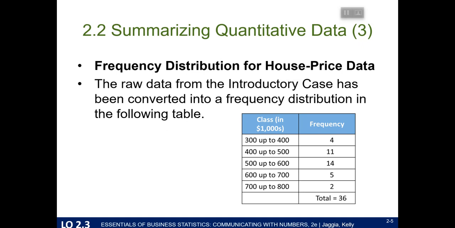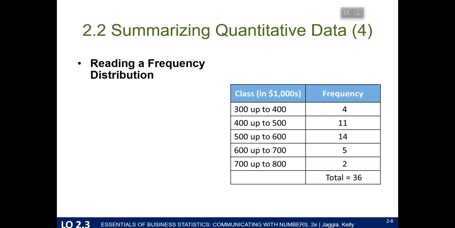In this case, we didn't have any houses exactly on the 100,000 price mark, so it didn't matter for us. But if you did have a house that was exactly $500,000, then you would need to be explicit about breaking those categories up: 300 to 399, 400 to 499, or maybe 301 to 400 and 401 to 500, however you want to split that up.